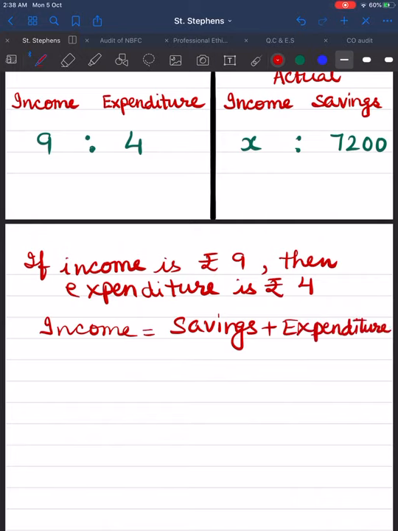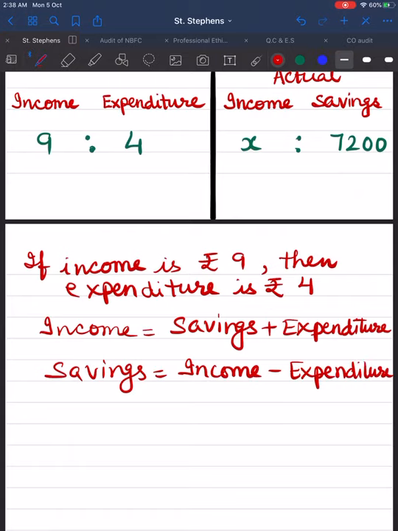So savings is equal to income minus expenditure. So we have rupees 9 minus rupees 4. So it is equal to rupees 5. So savings is equal to rupees 5.